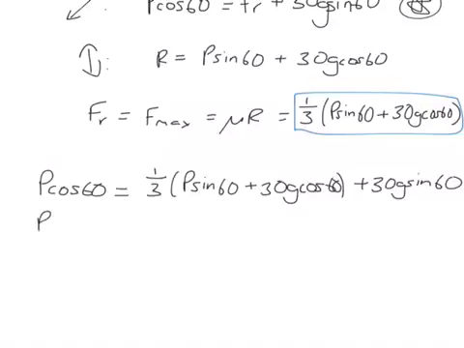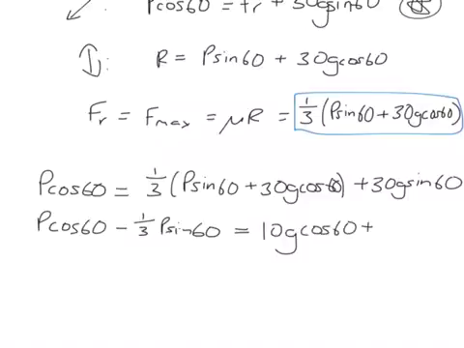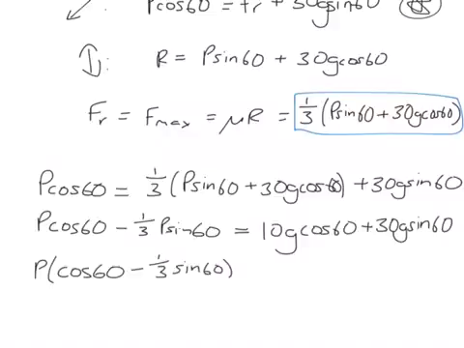So we will have P cosine 60 minus a third P sine 60, then that's equal to 10g cosine 60 plus 30g sine 60. On the left hand side, if we factorize out P, we'll have P times the bracket cosine 60 minus a third sine 60.